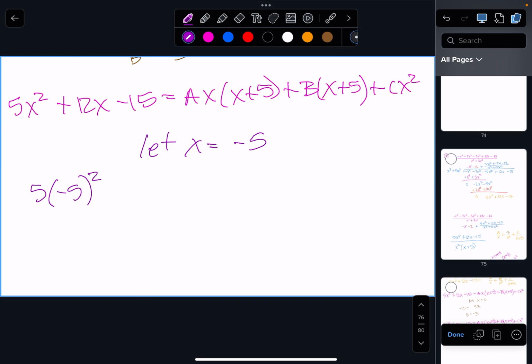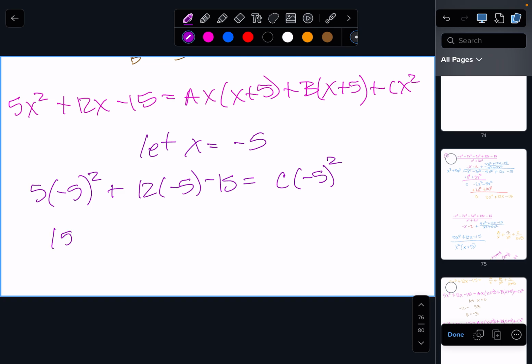Negative 5 squared is 25, times 5 is 125, plus 12 times negative 5, which is minus 60, minus 15 equals 25C.